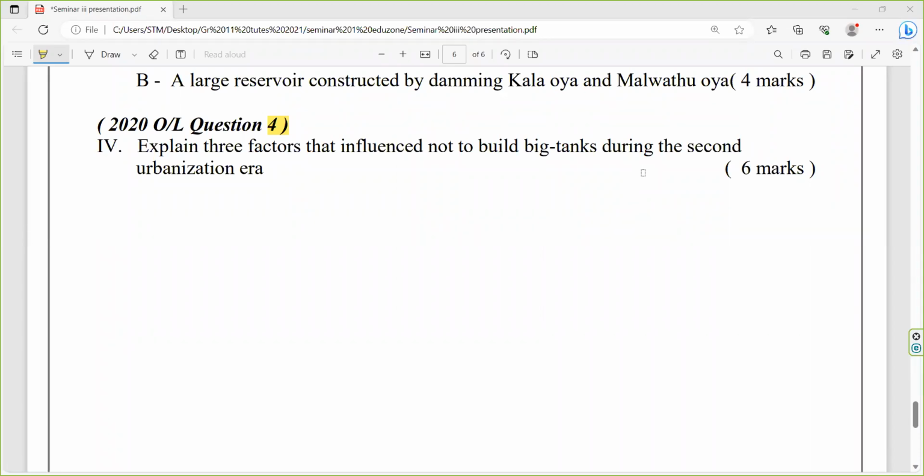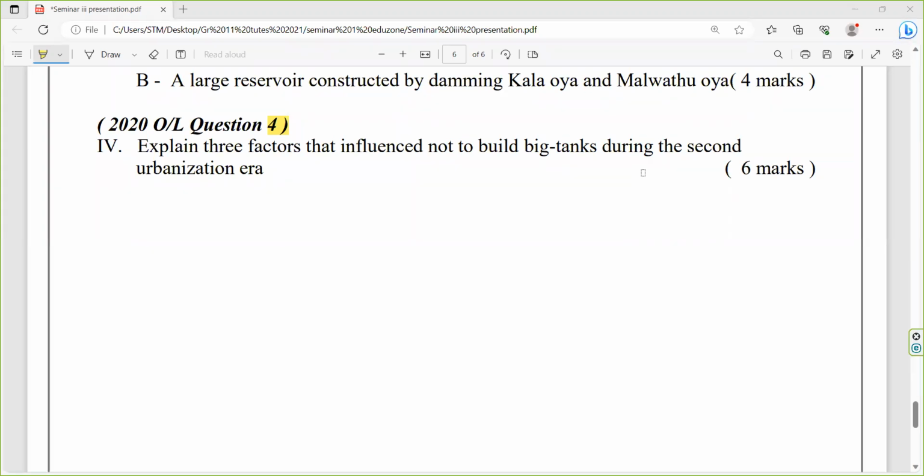If you write the answer, under these the three topics will be: no need of storing water because of heavy rain throughout the year. One reason. Second reason, as the cities in the second urbanization were smaller and not developed, urban water requirements were not there.